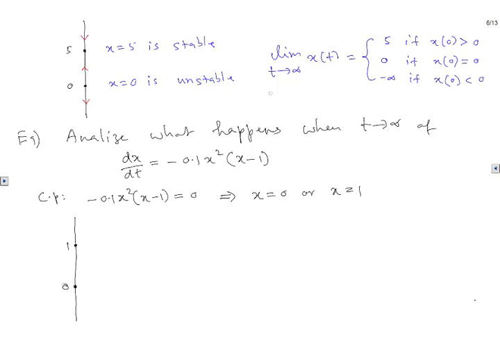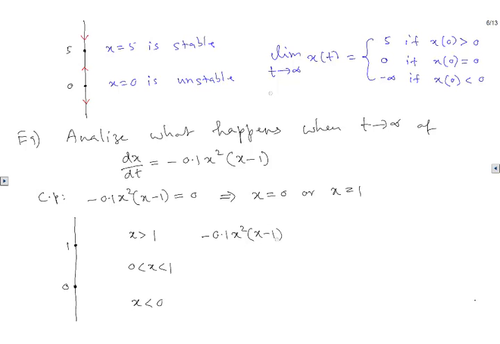Now what we can do, we can consider cases. So we can consider what happens if x is greater than 1, what happens in between, and what happens if x is less than 0. So let's pick a test point. What we normally do, we pick a test point and check the sign. So it's negative 0.1 x squared (x minus 1).